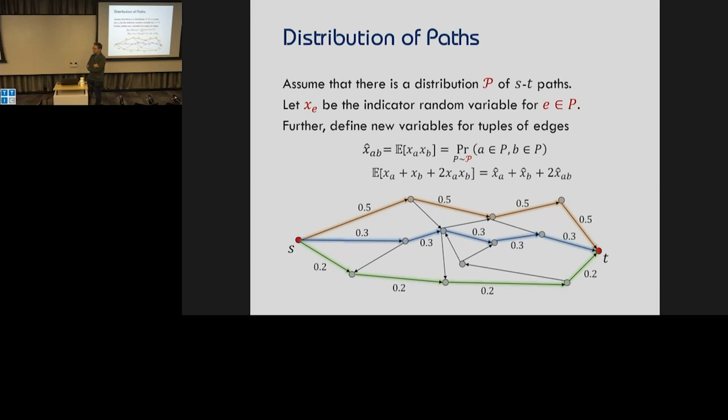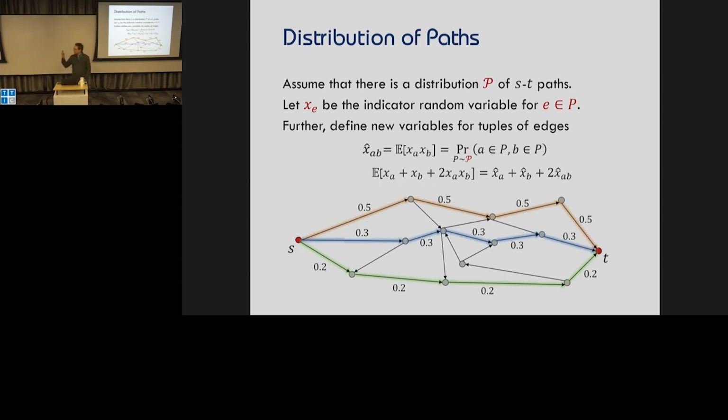We define additional variables for tuples of edges. So let's say we have two edges A, B. We introduce this new variable x hat AB, which is the expectation of the product of XA and XB. Since XA and XB are 0, 1 variables, this is equal to the probability that both edges A and B belong to the path.